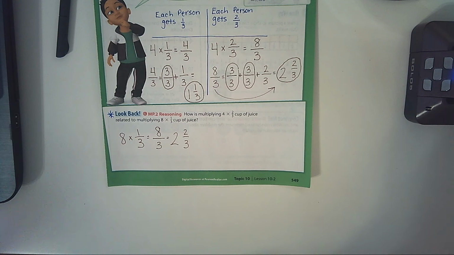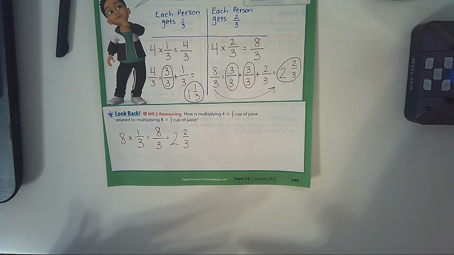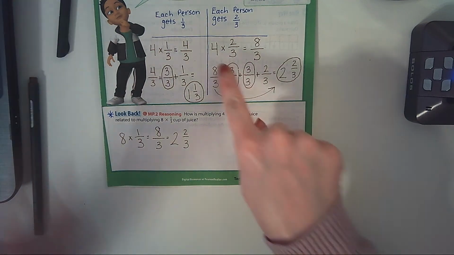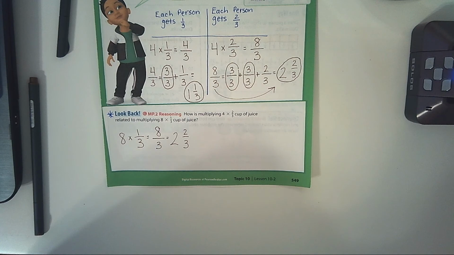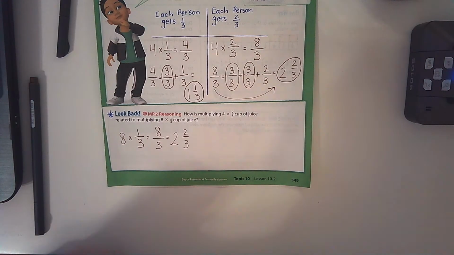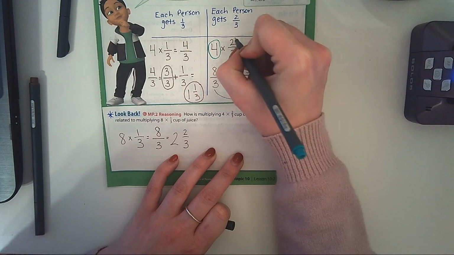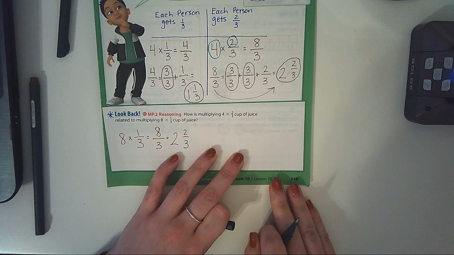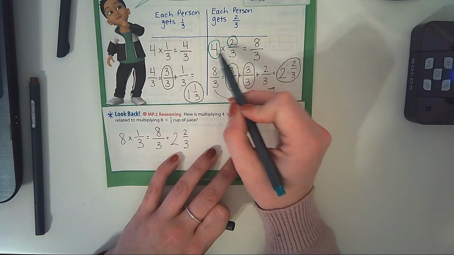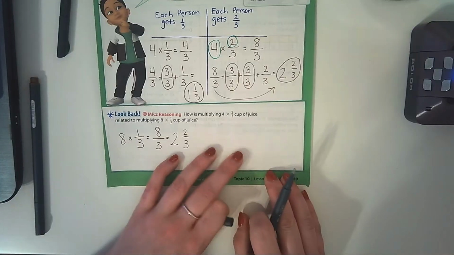Now I'm thinking of why we got the same answer. Think about your first step. Our first step in 4 times 2/3 was to multiply the whole number times the numerator. 4 times 2 is 8.